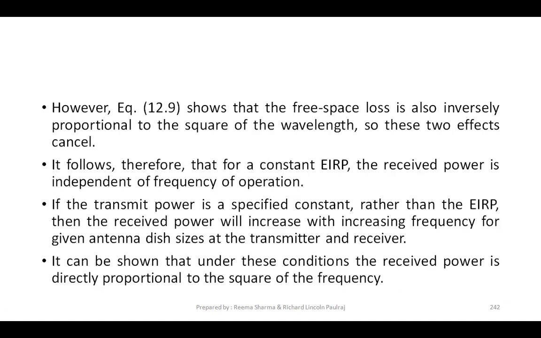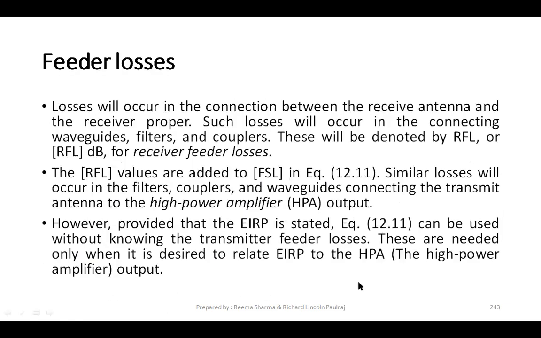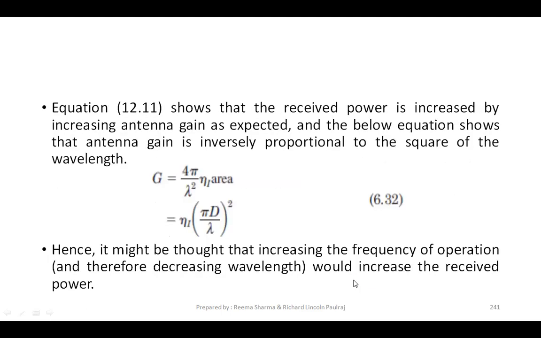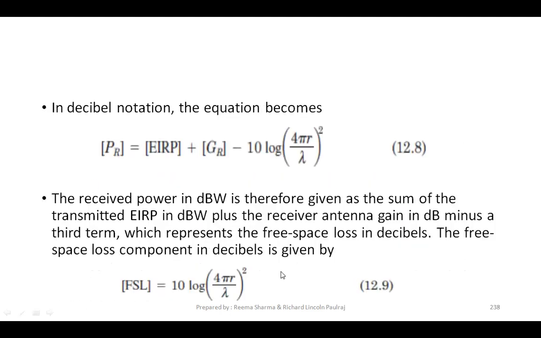So as we know, the power is more if the frequency of operation is higher. For a given dish antenna size at the transmitter and receiver, it can be shown that under these conditions, the received power is directly proportional to the square of the frequency. So you can see that here, the square of the values of lambda.